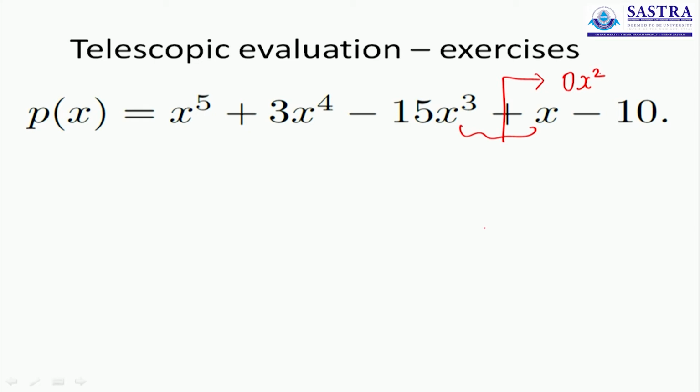So 0 is not present, which means x square is not present. So hence you have only 5 terms in the polynomial. So let's try and reduce this. This will follow the same approach that we did for the previous polynomial. The only difference being we have to account for that x square term which is missing.